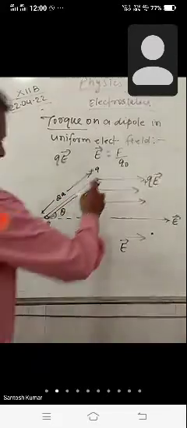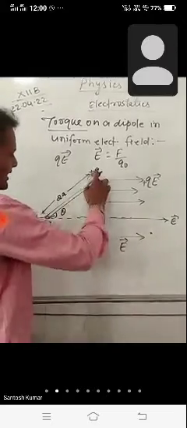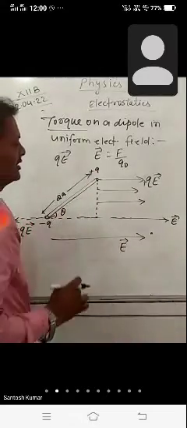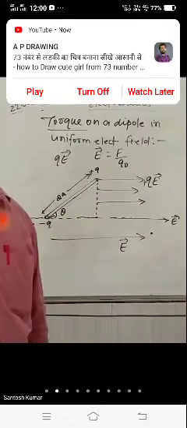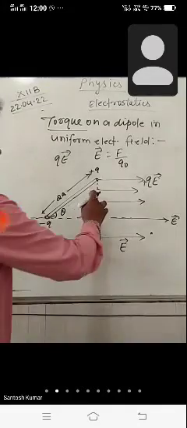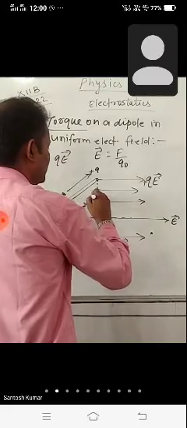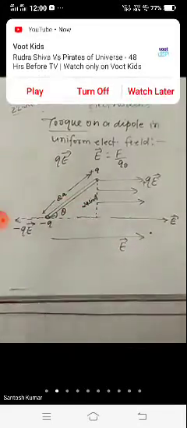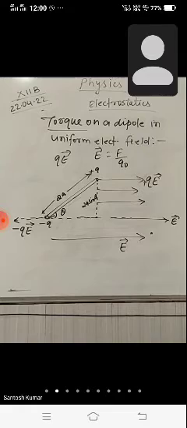Now, this distance is 2a, and this is theta. If you want to find the perpendicular distance, how will you find it? It will be simply 2a sine theta. Why is it 2a sine theta?